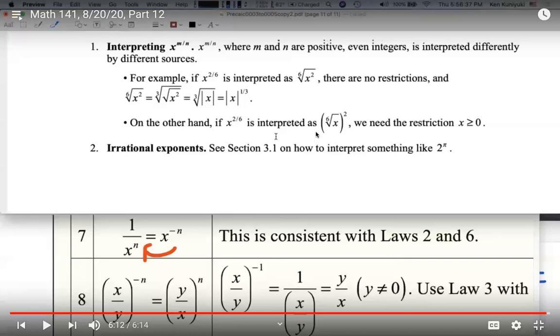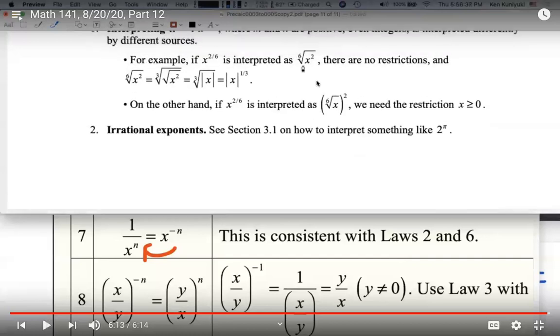So, reiterating, when we had the 6th root of x squared, you take any real value, you can square any real number, and the result is real and non-negative. If you square a real number, the result is non-negative, which means you're guaranteed to be taking the 6th root of a non-negative real number, so you're good. Now the problem with this second form is that you're starting by taking the 6th root of x.